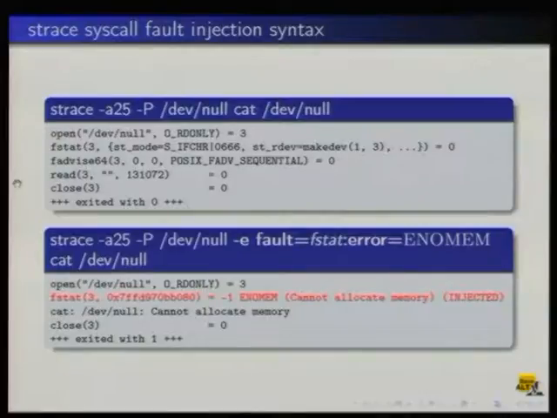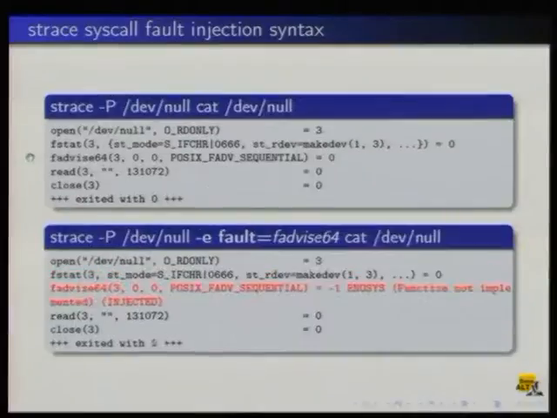Cat treats it as a fatal error. I don't know why. As you can see from this traditional output, the result of fstat in this case is actually not needed much. But, well, cat treats it as a fatal error. The next syscall, however, is optional, because, as you can see, it's an optimization.